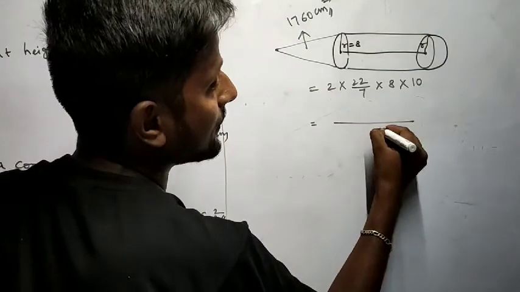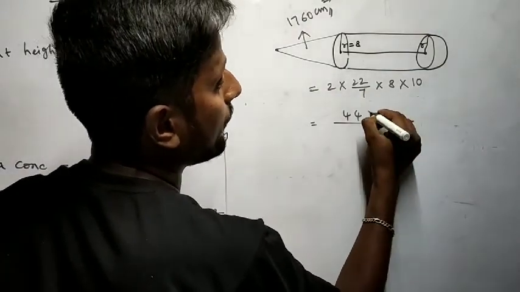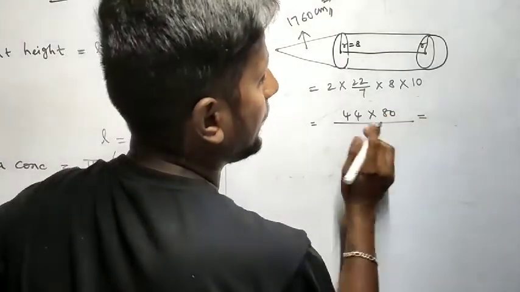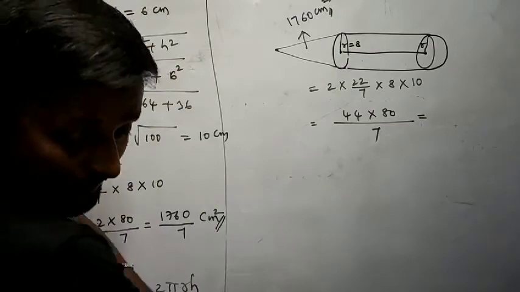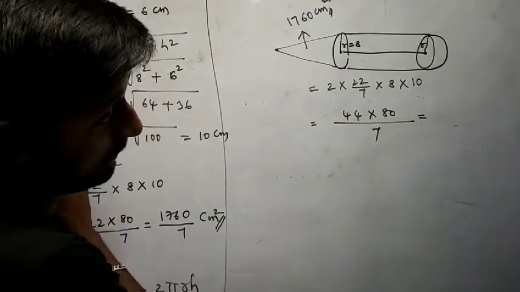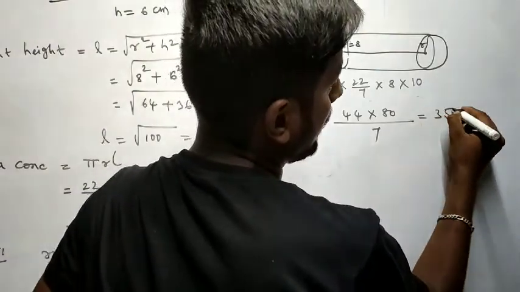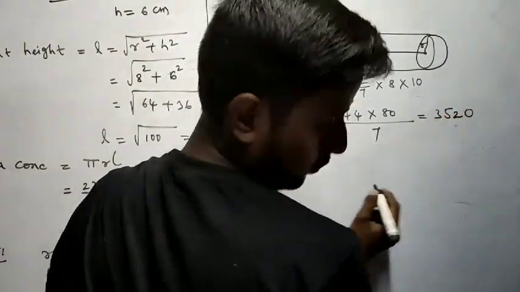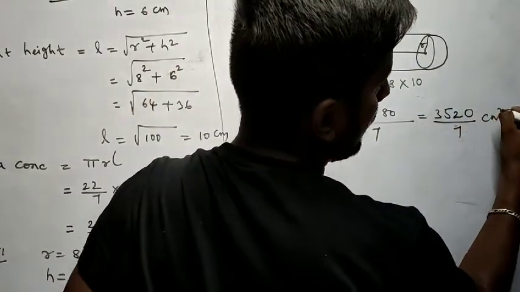By 7 as it is, 22 2s are 44, 10 8s are 80. So 3520 by 7 centimeter square.